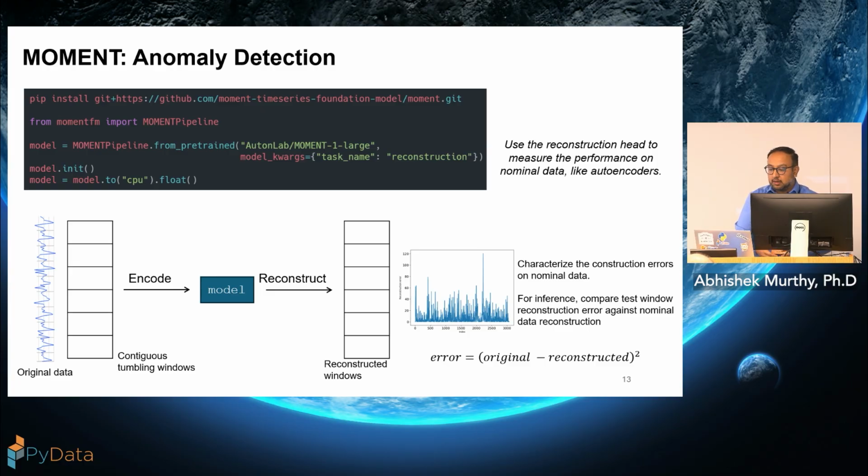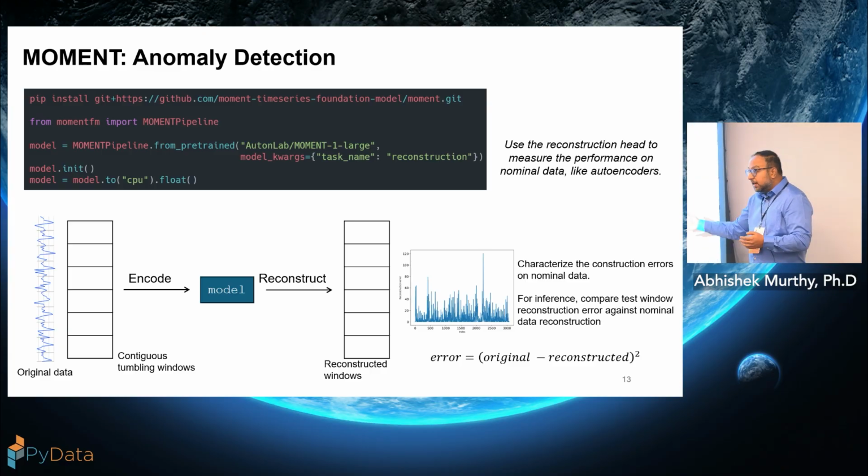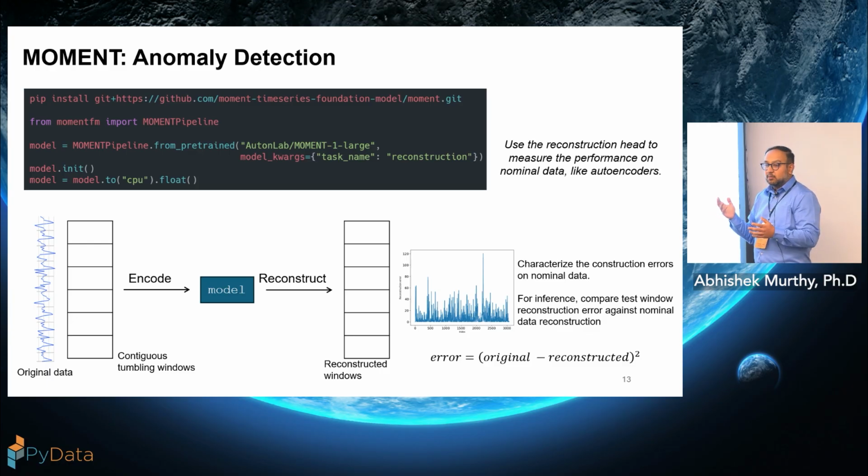That's step one. And then during inference, I can take the data points that I get and do the same process and see how well the test data reconstruction error compares to what I saw during training, right? If I know the typical error Moment makes on normal data, and for new data that I want to infer on it works very badly, then maybe it's an anomaly.